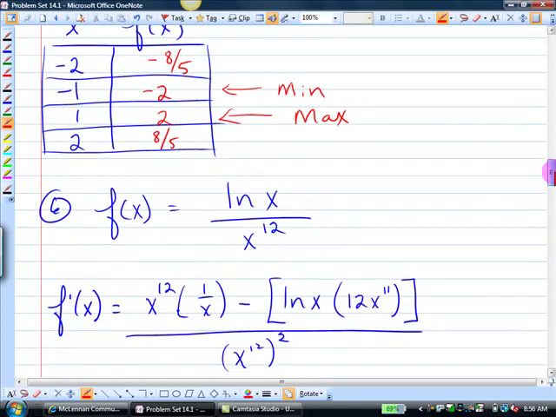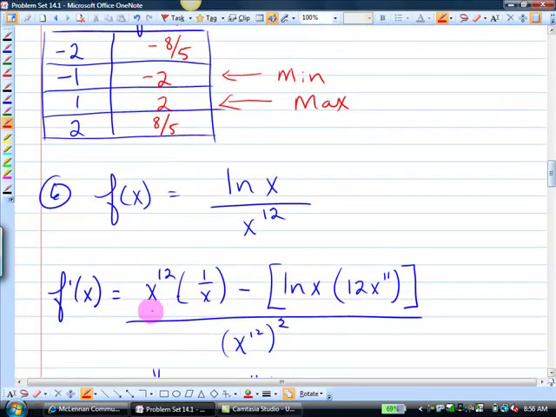All right, so we've got the bottom times the derivative of the top minus the top times the derivative of the bottom, which is 12x to the 11th, all over the bottom squared. So that's nothing new.